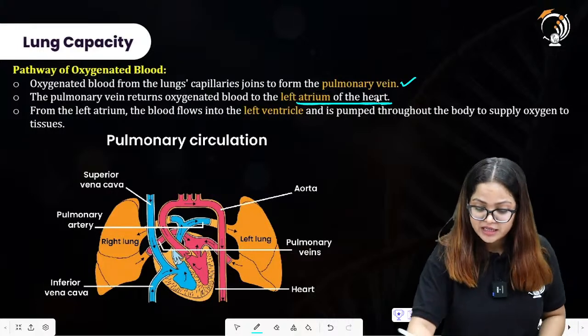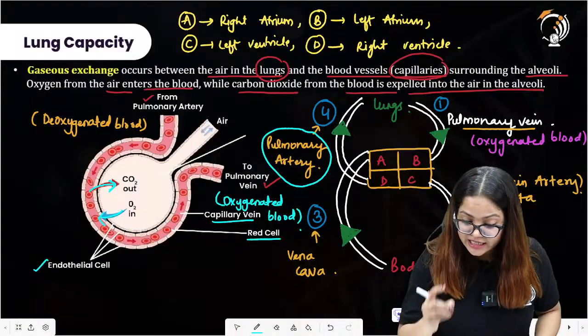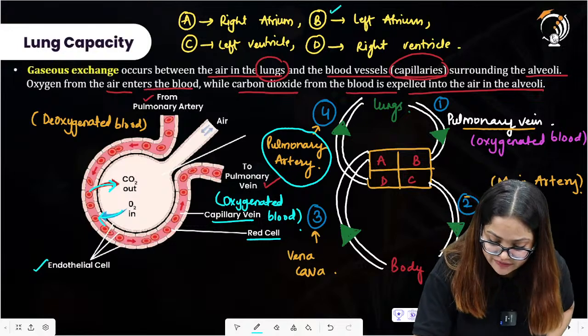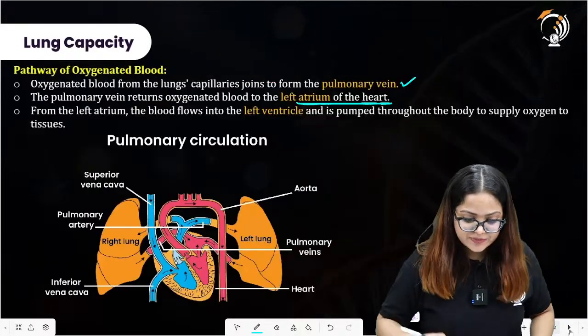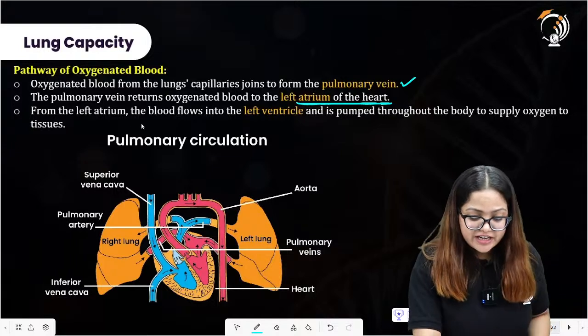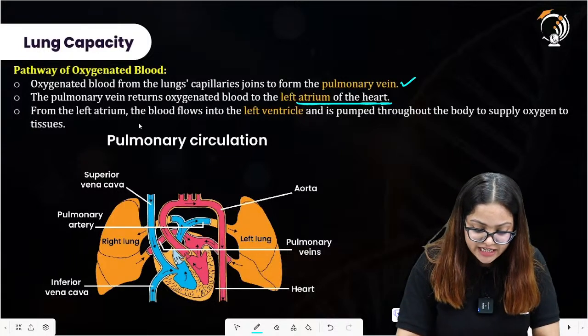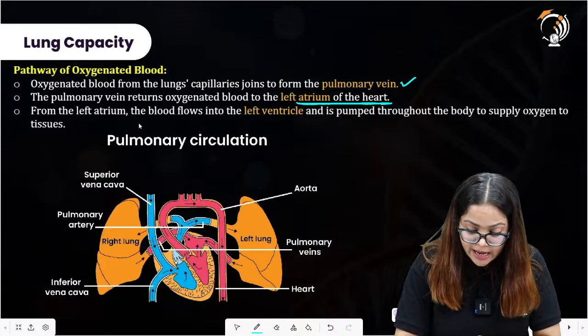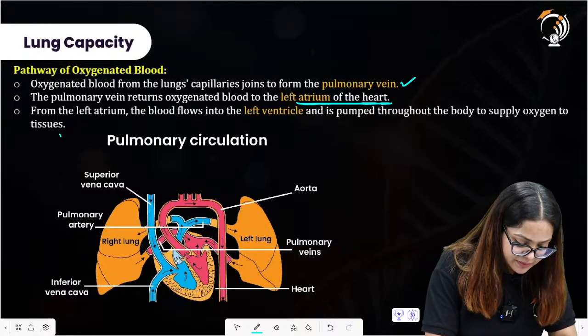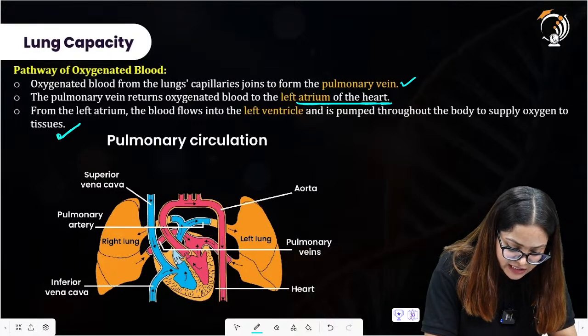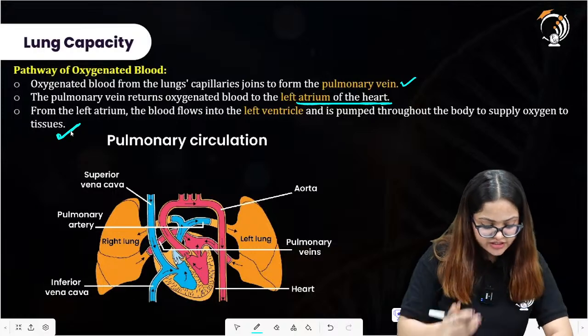It was the left atrium. So B was left atrium. From the left atrium, the blood flows into the left ventricle and it is pumped throughout the body to supply oxygen to the tissues. Let me know in the comments if you have any queries related to these three statements.